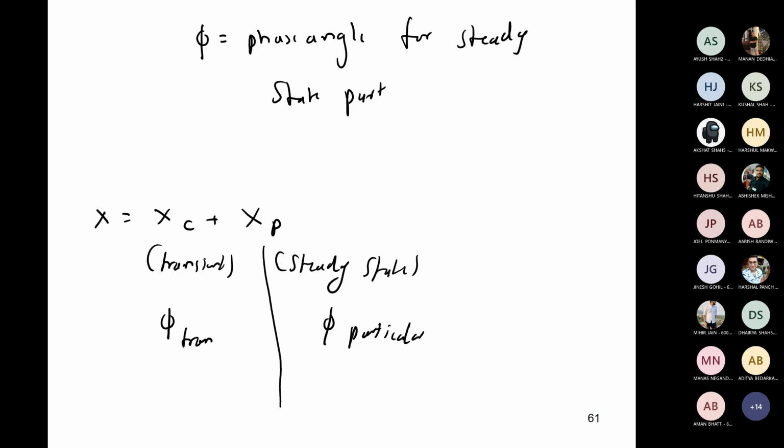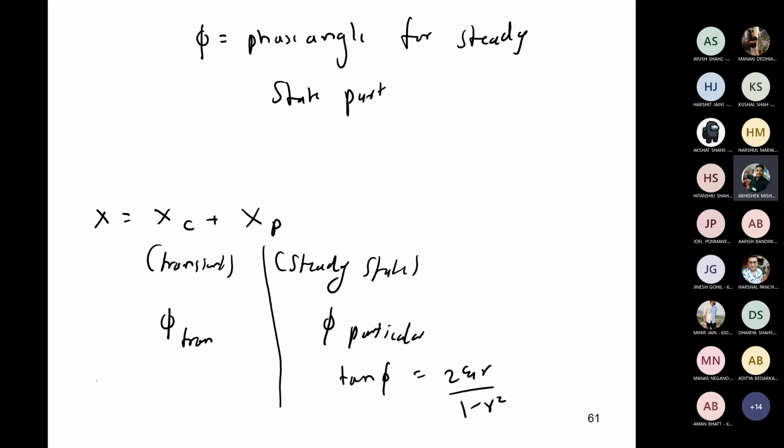We can use the formula tan phi equal to 2 zeta divided by 1 minus r square. That is for the steady state part.